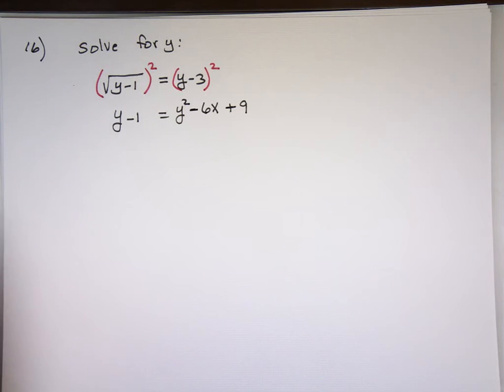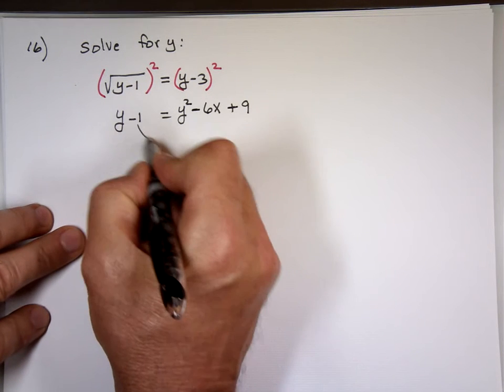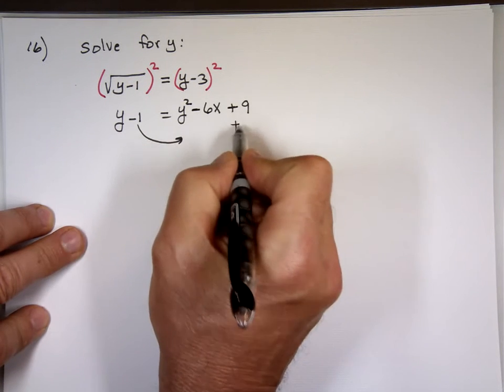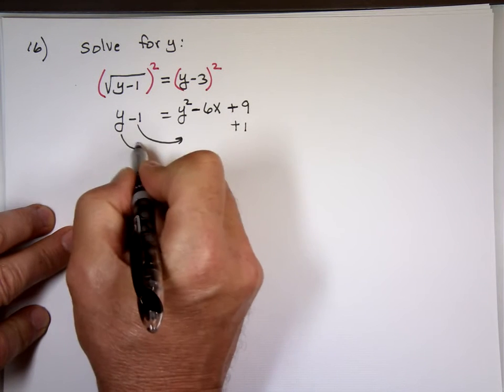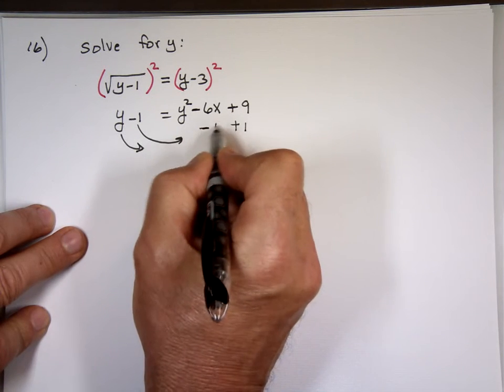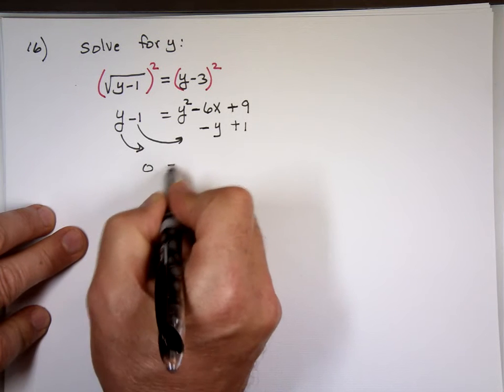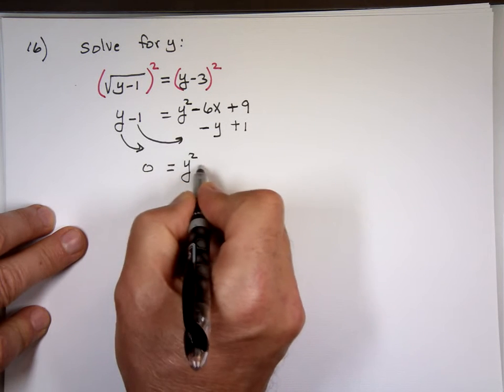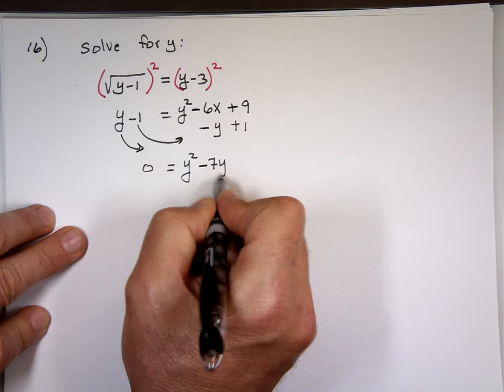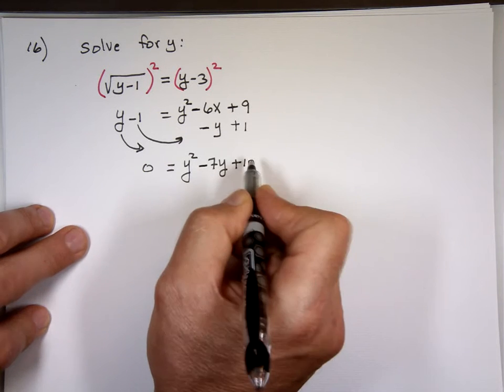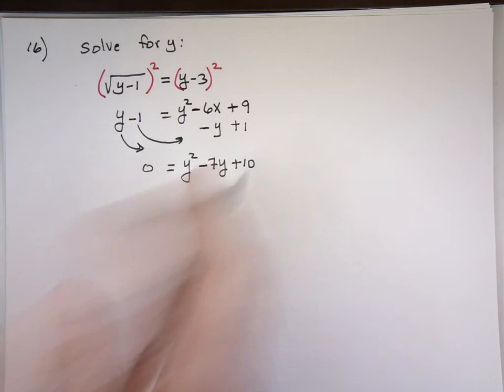Now let's try to solve it. That's a quadratic equation. Move everything to one side. Bring the minus 1 to this side, it becomes a plus 1. Bring the plus y to this side, becomes a minus y. So you have 0 equals y squared minus 7y plus 10. Can you factor that?